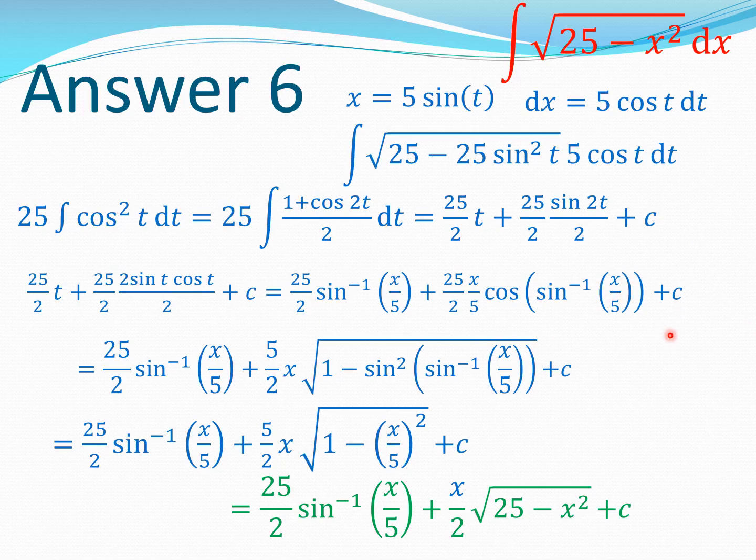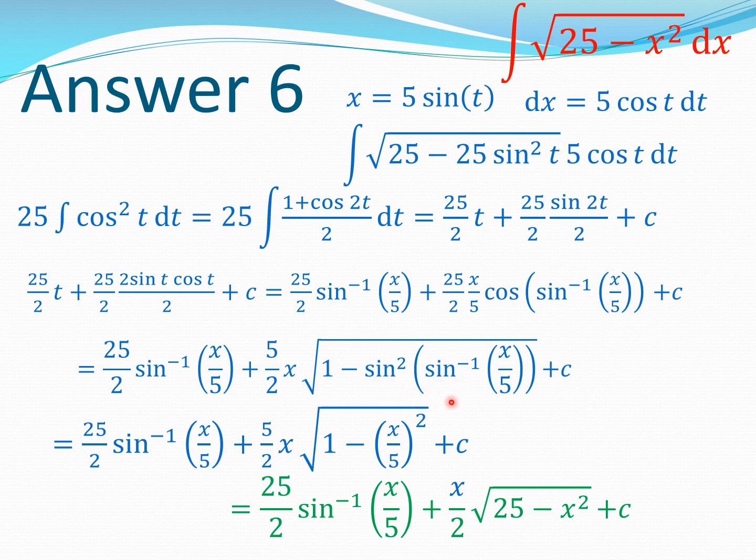Now here you will have to do one more substitution, and that substitution is required because we have to express this sine in terms of cos. So we do that here. We use the formula that cos of x is root of 1 minus sine square x. So we use that formula here, we get something like this, and then we use the fact that we essentially have a term here which is a sine of an inverse sine and one more such term.